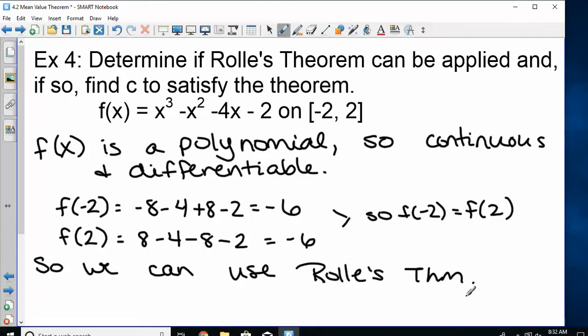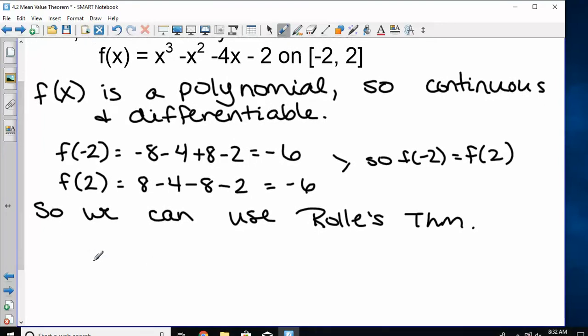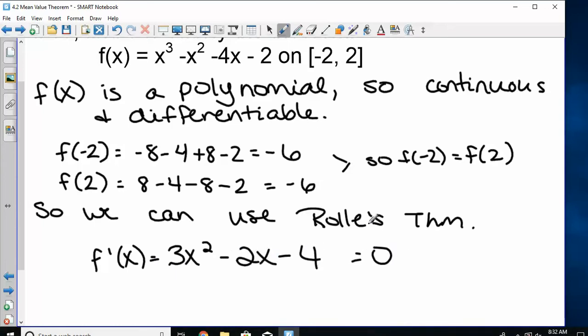To do that, what do we have to do? Derivative. We need to find out where the derivative is 0. So the quadratic, it's not a 1x squared, so we can't do the shortcut.